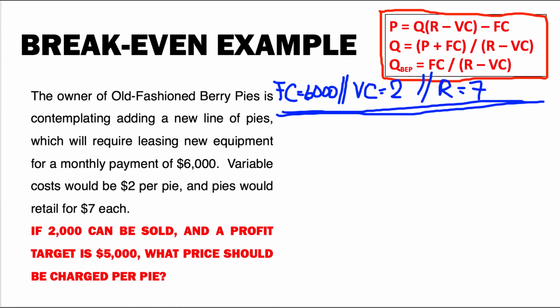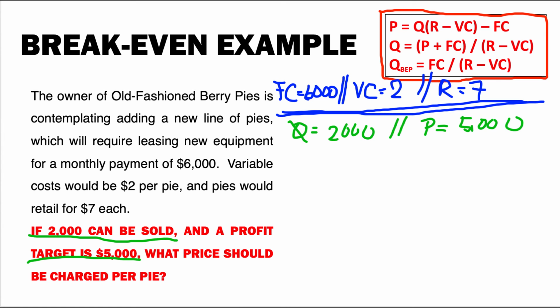And then finally, if 2,000 pies can be sold and we have a profit margin of $5,000, what price should be charged per pie? So 2,000 pies can be sold means we have quantity of 2,000, and profit means P equals 5,000. And we're solving for R because we're looking for a price to charge each pie.